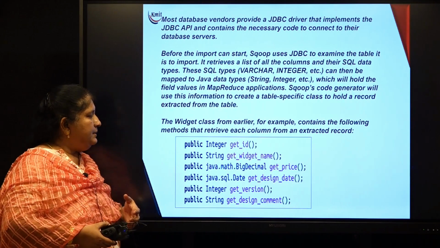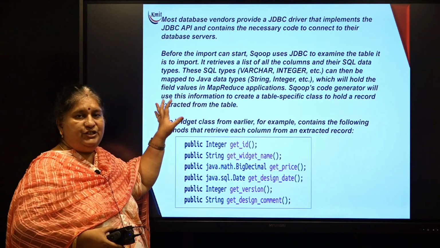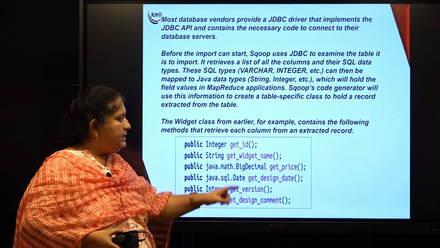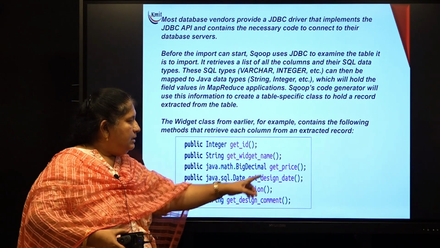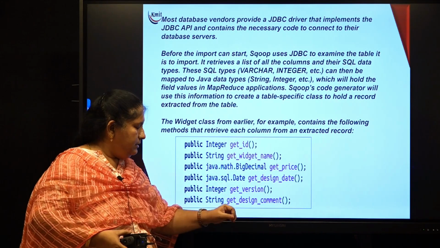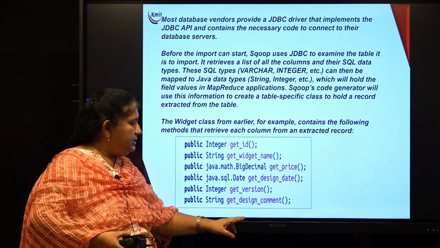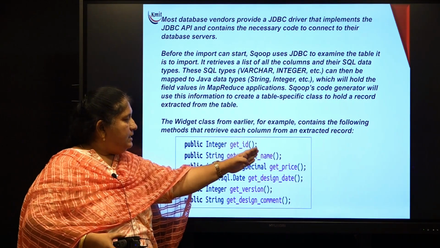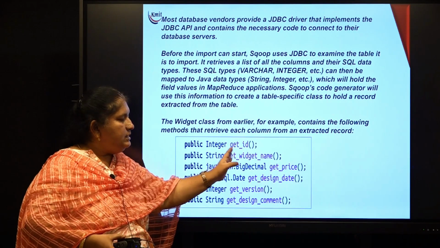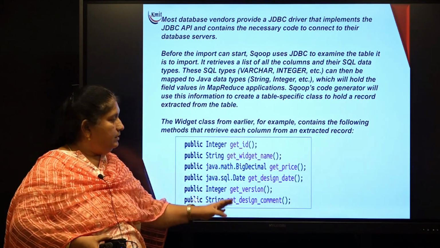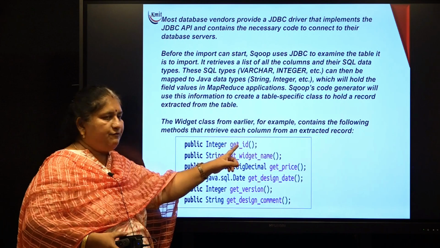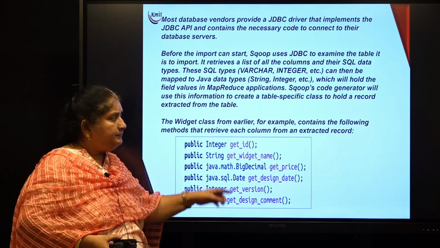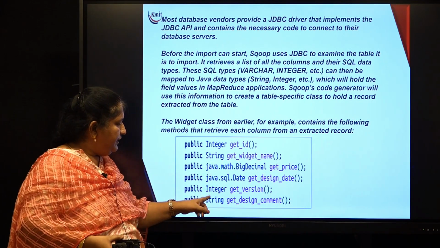For example, if you are working with the widget table, what attributes do we have? ID is there, widget name is there, price is there, design date is there, version is there, and design comments are there. Automatically it will see the field names and all the inspector functions are designed. What are the inspector functions? The get functions. All these inspector functions are defined automatically corresponding to the specific data type.